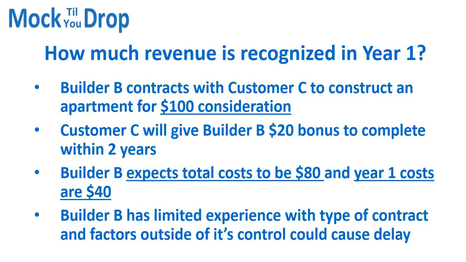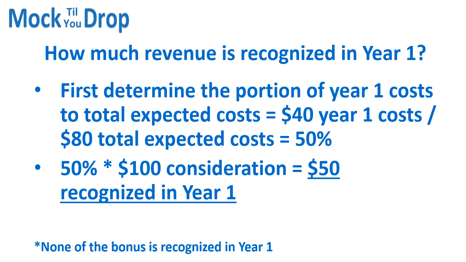Okay, so let's do the calculation and see what it can recognize in year one. First, we want to determine the portion of year one cost to total expected costs, which is going to be the $40 divided by the $80, and that's going to give us 50%. Now we multiply that percentage by the consideration, or the amount builder B will be paid to construct the apartment, which is $100, and then we get $50, which is the revenue from the contract that can be recognized in year one.